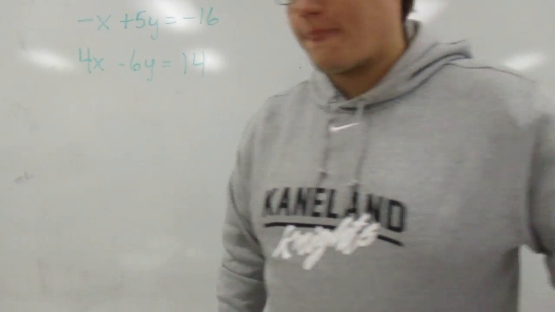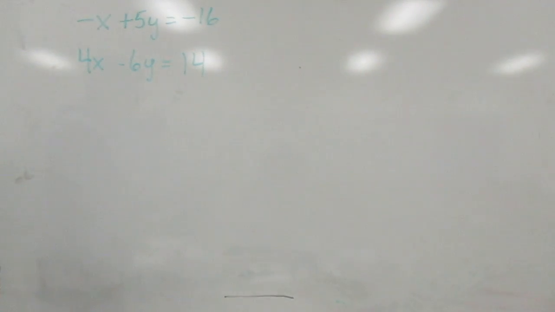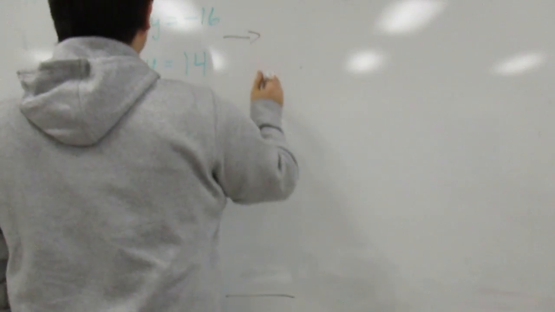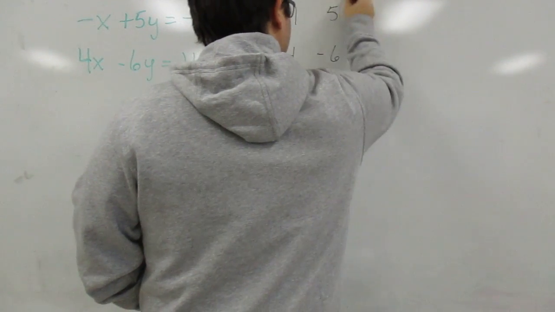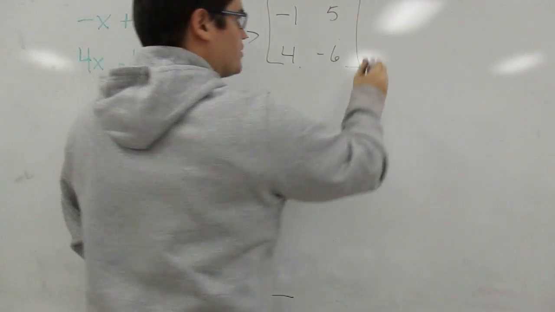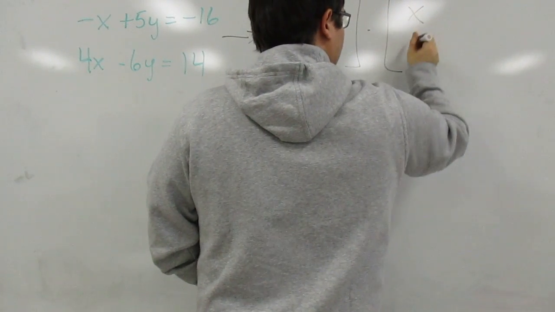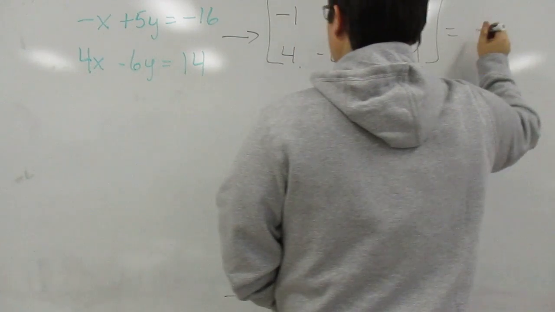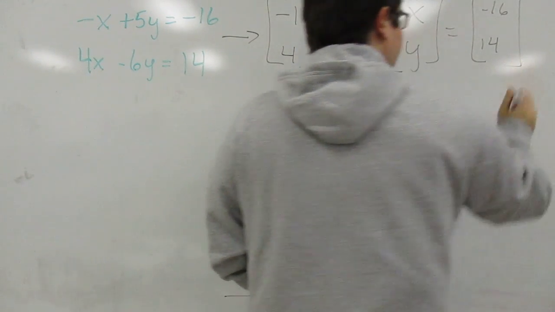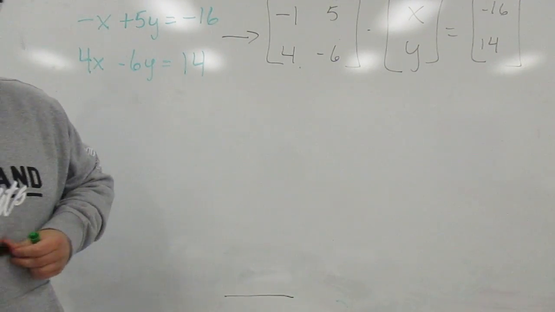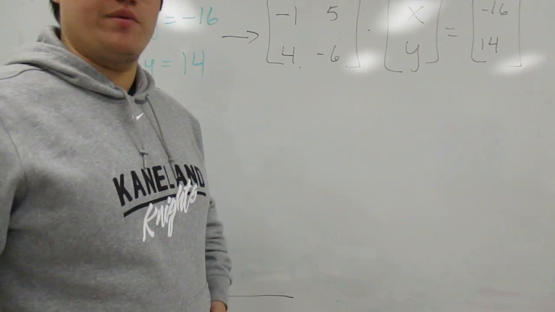Welcome back. Okay, so hopefully first you turned this thing into a matrix. -1, 5, 4, -6. Multiply by your variables, your answers. Okay? And one thing, a common question students have, they said, what do you mean the x column?